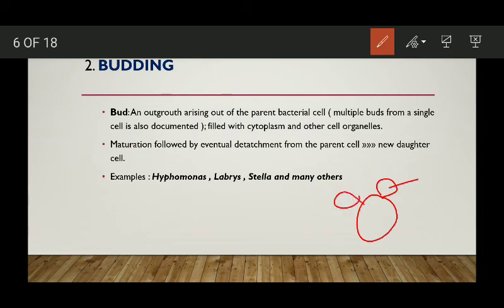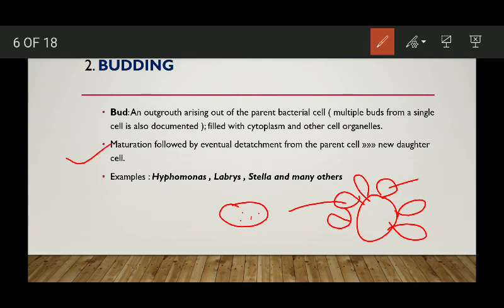In some instances, a single bacterial cell can have many buds. A single bacterial cell sometimes produces multiple buds, and these buds are filled with cytoplasm and other cell organelles which are present in bacterial cells.